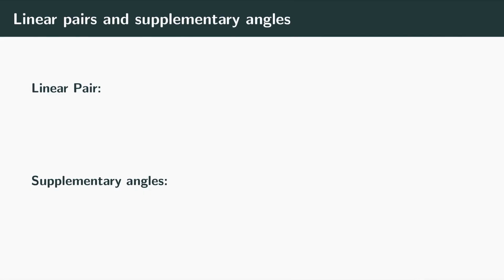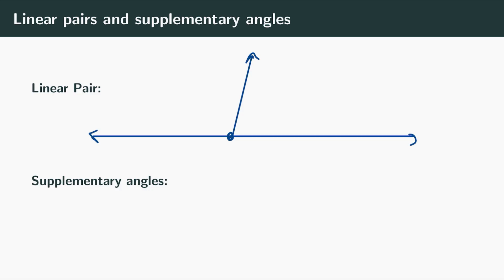Okay, another key piece of language we have is a linear pair. A linear pair is what happens when I have a ray like so, a ray here, and a ray here, and I want the two bottom rays to be opposite.